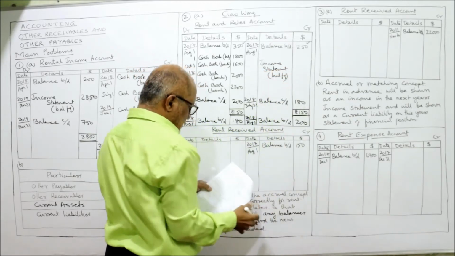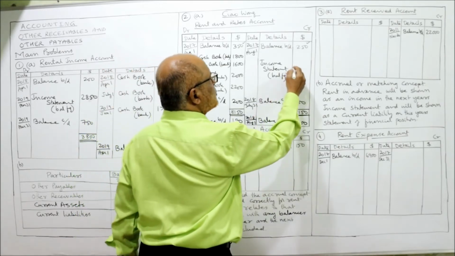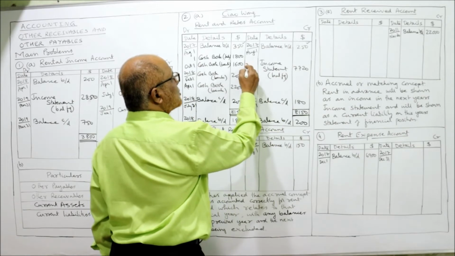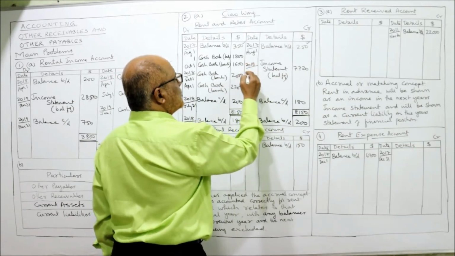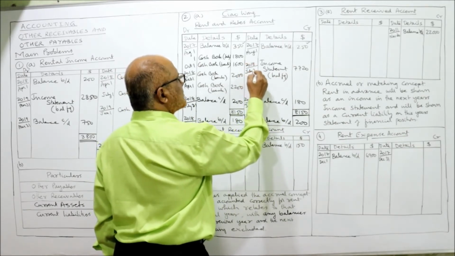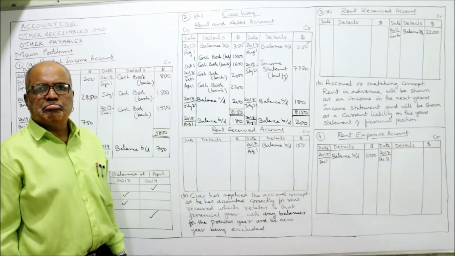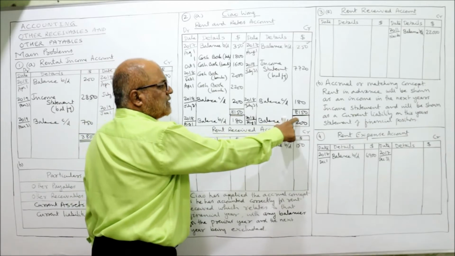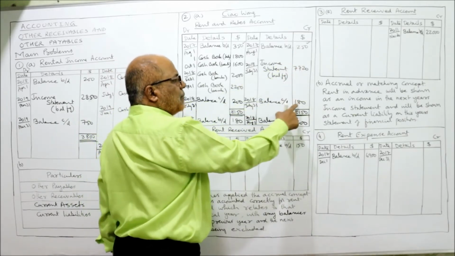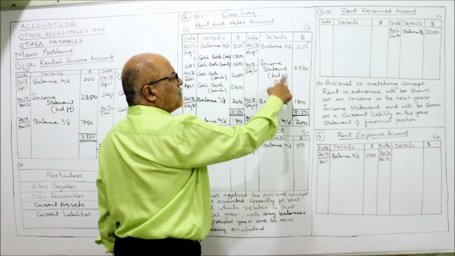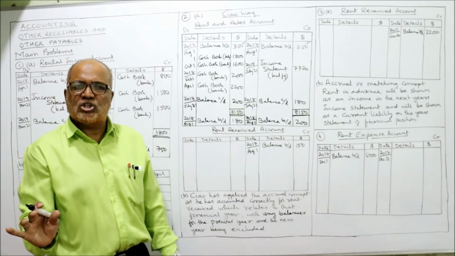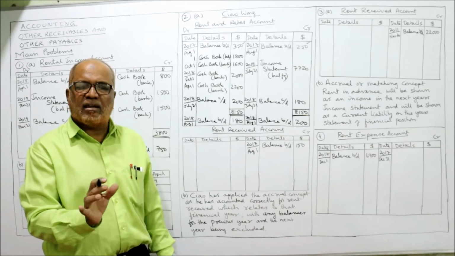Now the balancing figure comes to 7720. The last date is 2018 July 31st. That's all. The account is closed. Finished. Rent and rates over.